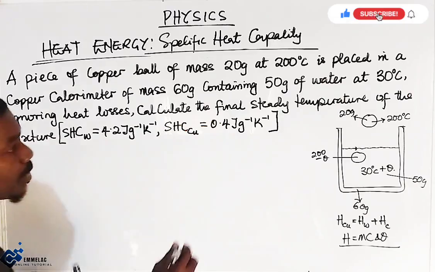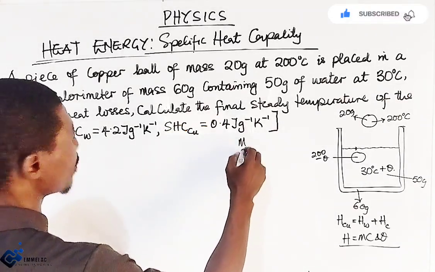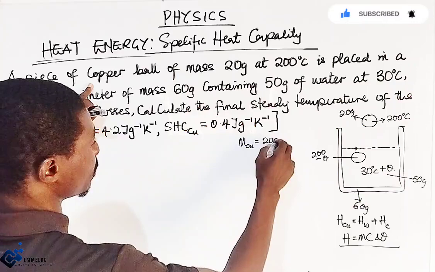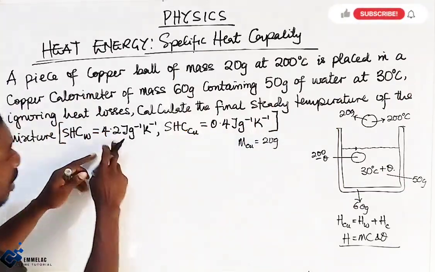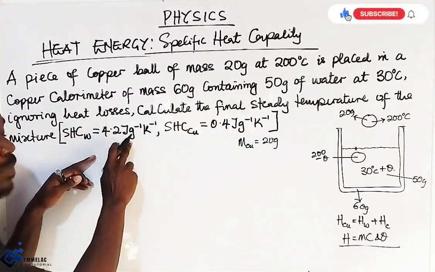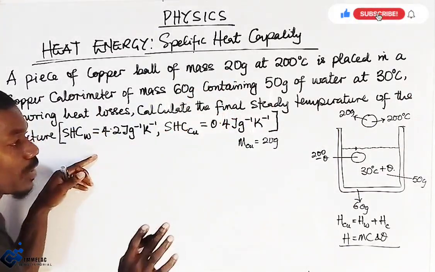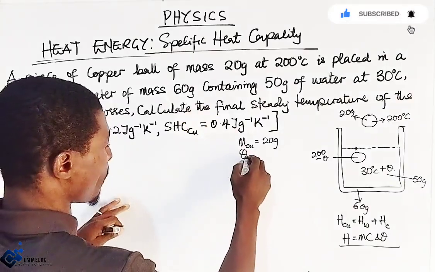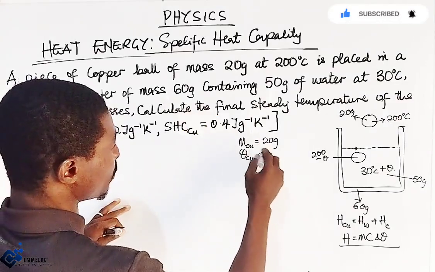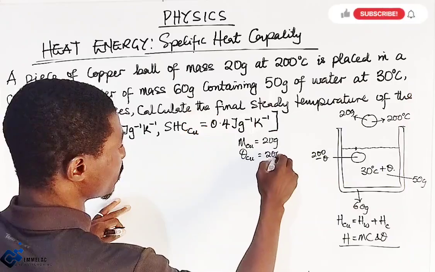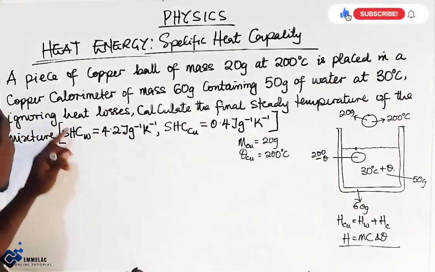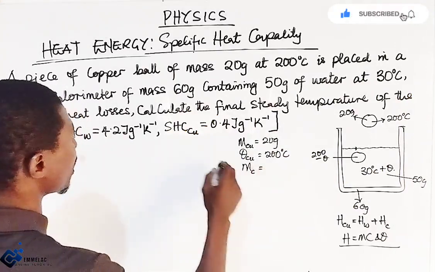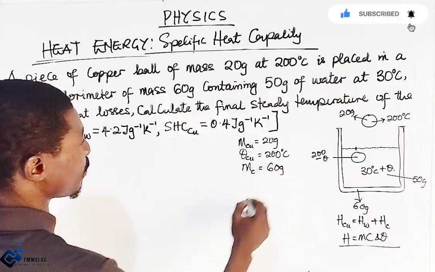Now since we've understood this, let us come back to solving this. The mass of the copper equals 20. Since the unit is given in joules per gram, there is no need of converting to gram. The initial temperature of copper is 200 degrees Celsius, and the mass of the copper calorimeter is given as 60 gram.